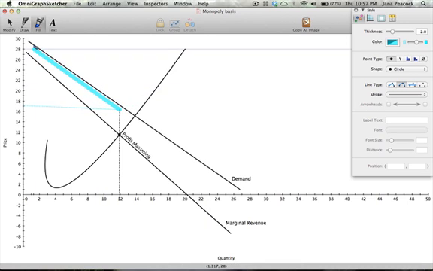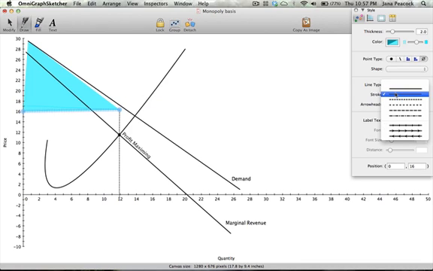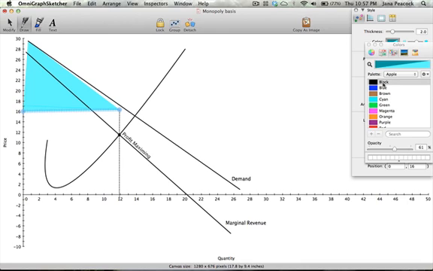And so here's consumer surplus for our monopoly, and that's bounded at the bottom by our price line, which you can see. If I turn it back to black, you can see it. So this is our consumer surplus, and you can see here all of these consumers are happy with the price that they paid and even feel that they got a savings because they were willing to pay more.